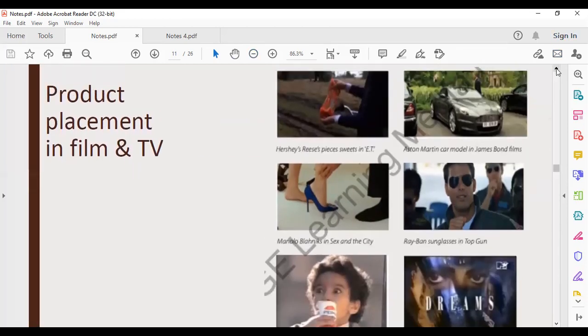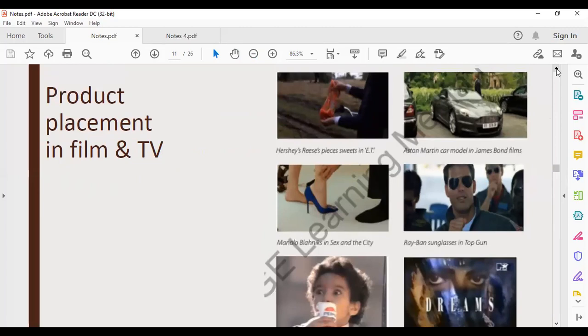So, product placement in film and television. If you have watched films, I'm sure you have noticed this. In different films, you get to see different advertisements. They won't be telling you that they are advertising this, but through watching a film, you'll be able to see they're advertising a car: an Aston Martin in James Bond, an Audi in The Transporter, or a Mercedes-Benz in other films.